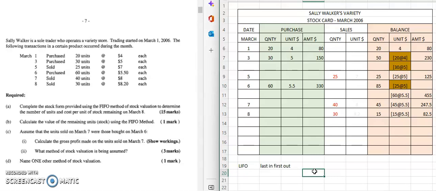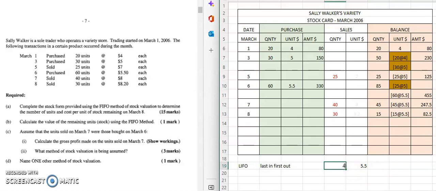So, it doesn't matter. She bought 60 at 5.5. She is going to sell 40.